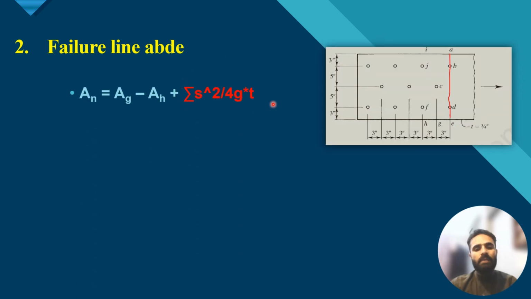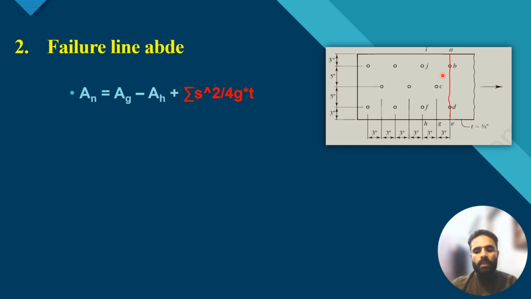We will be eliminating this factor. This factor comes only while discussing the staggered fastener, the staggered path. So I am only considering the straight path, and I am eliminating this factor.